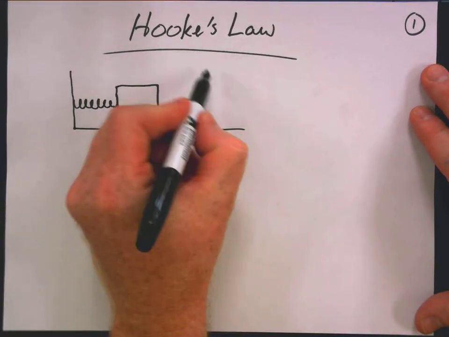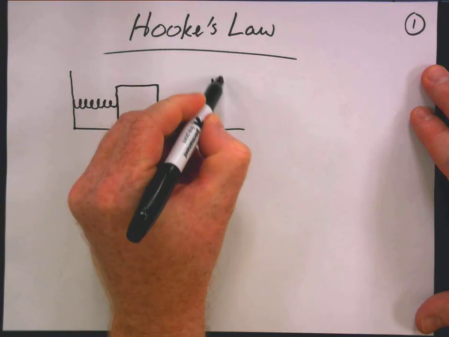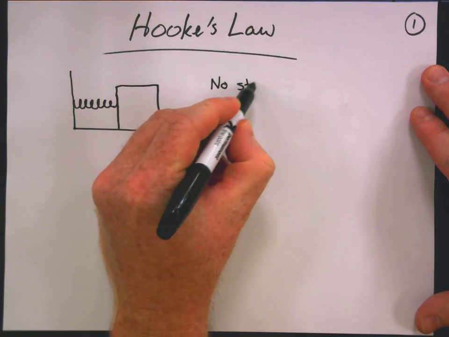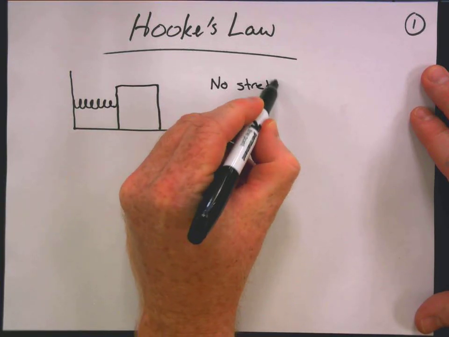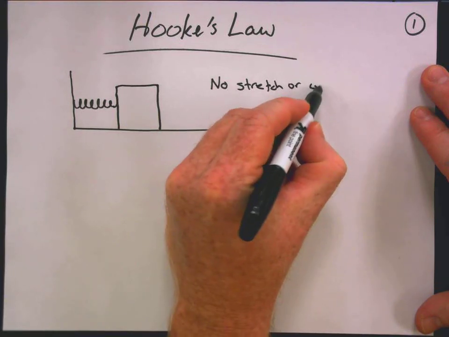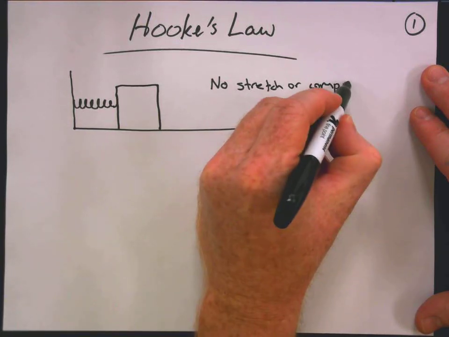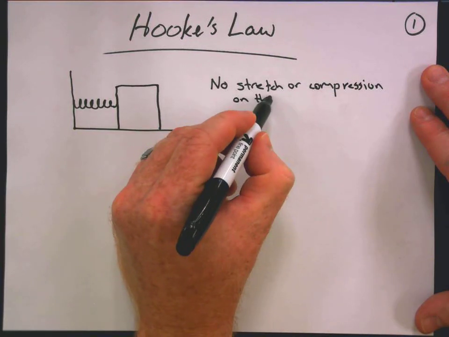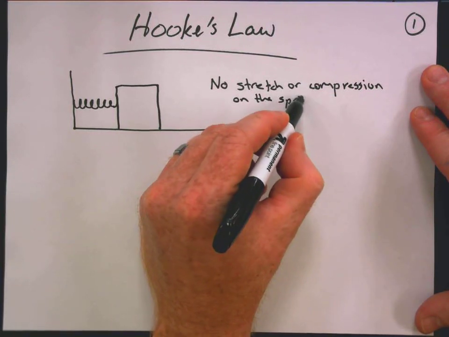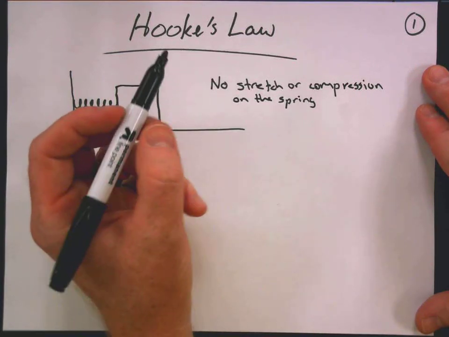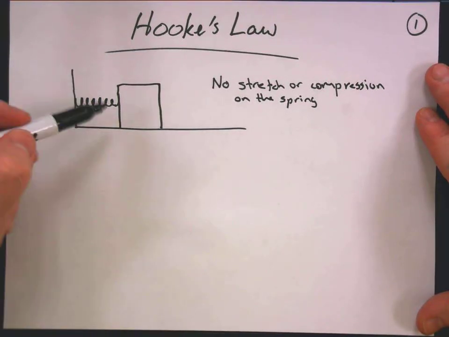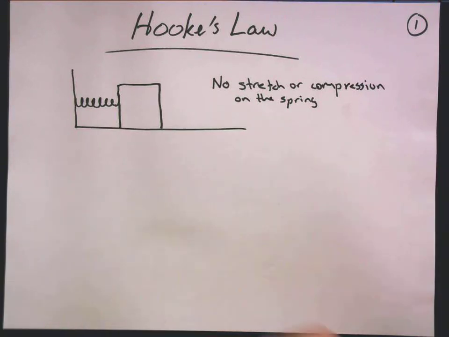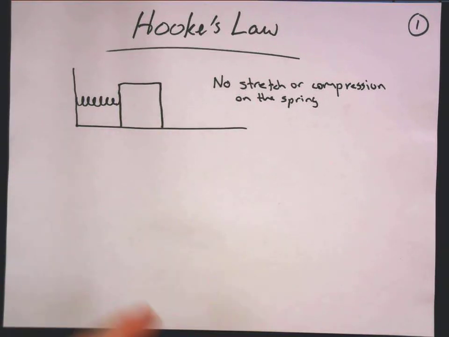And so at rest, currently there's, let's define sort of no stretch or compression on the spring. Okay, well, what does that mean? Well, that means that the spring is just in its neutral position. It doesn't want to do anything to you, or doesn't want to do anything to this object.